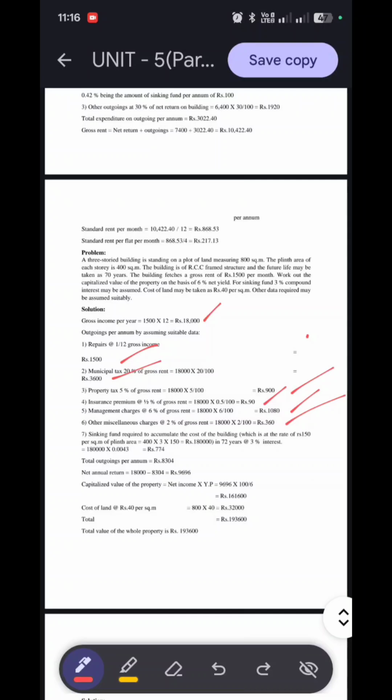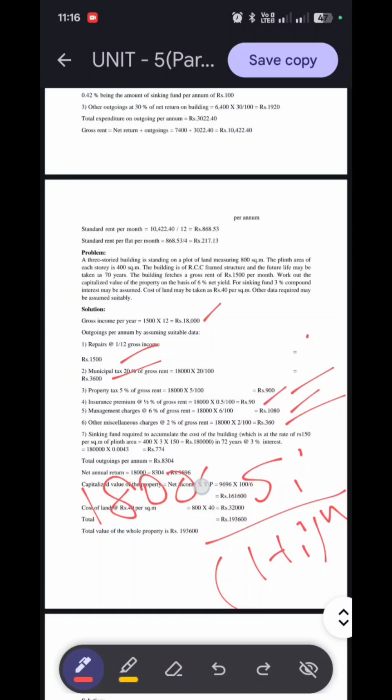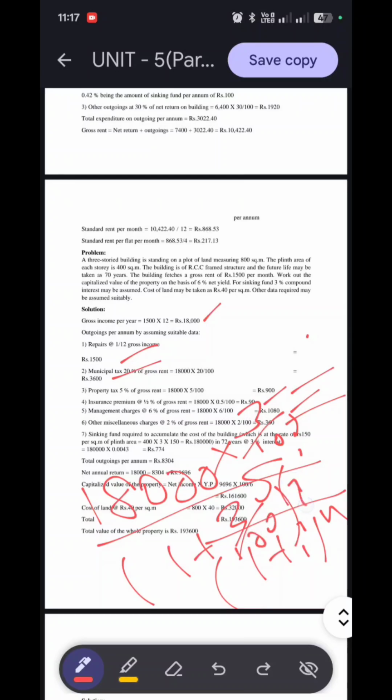So the sinking fund formula is S into I divided by (1 plus I) power n minus 1. The value of S is 1,80,000, I is the interest rate 3 divided by 100, that is 0.03, and n is the lifespan of the building, 70 years.